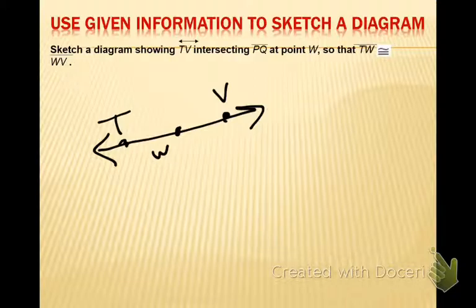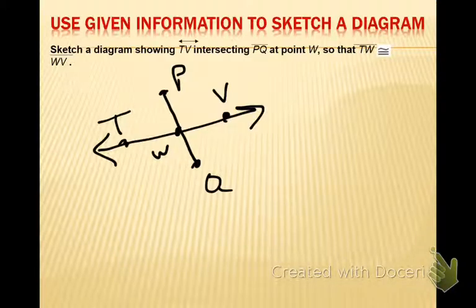So now I need a segment PQ. But they're intersecting so that TW is congruent to WV.